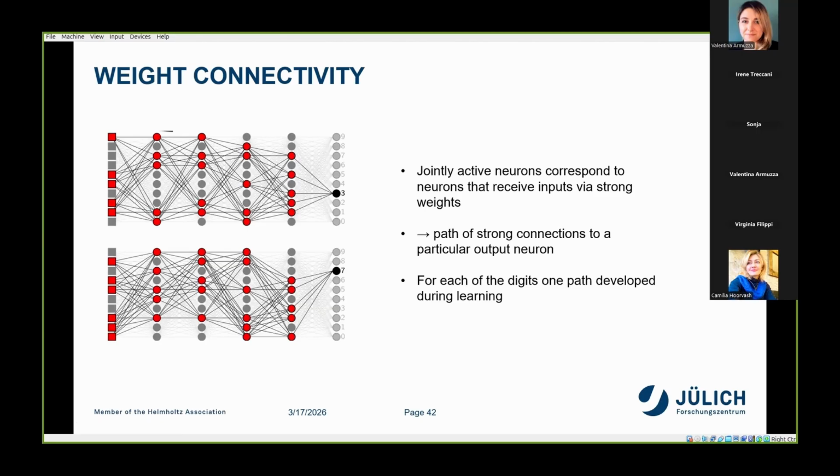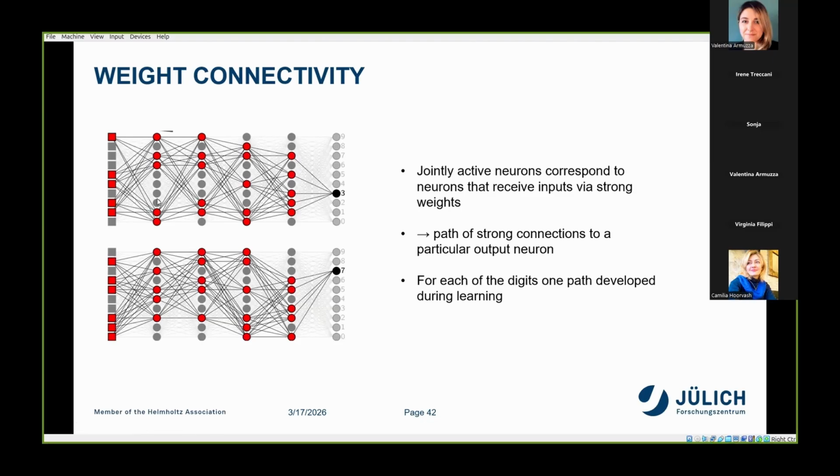It's kind of logical somehow, but I wanted to see this. This is the basis that different neurons are firing for the different digits. They go a particular path through this network to the 3 as compared to the 7.